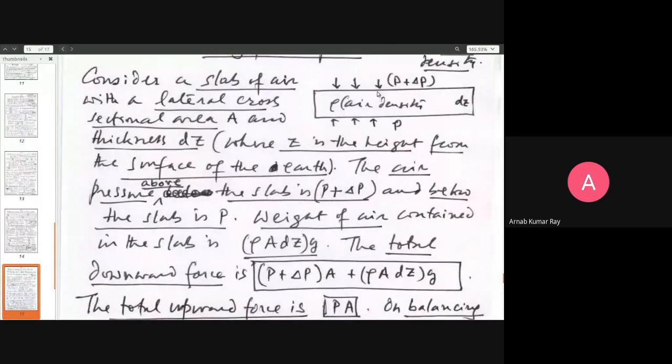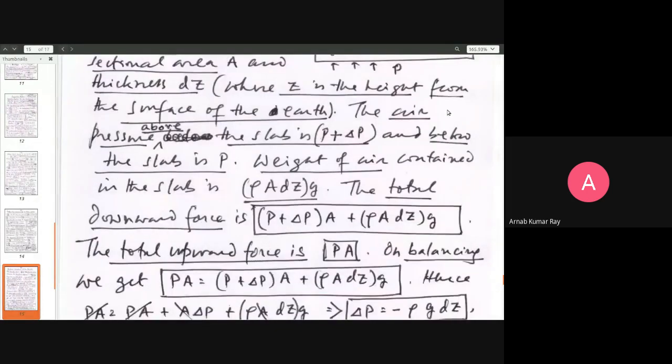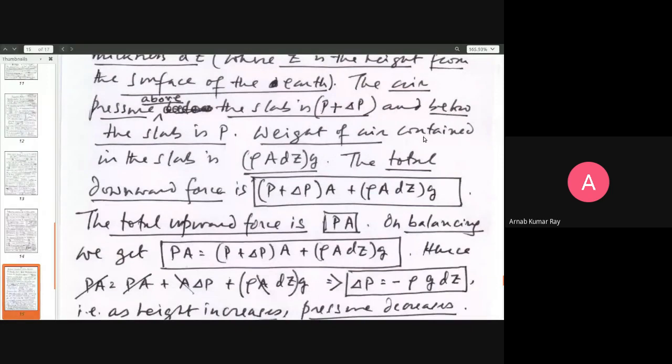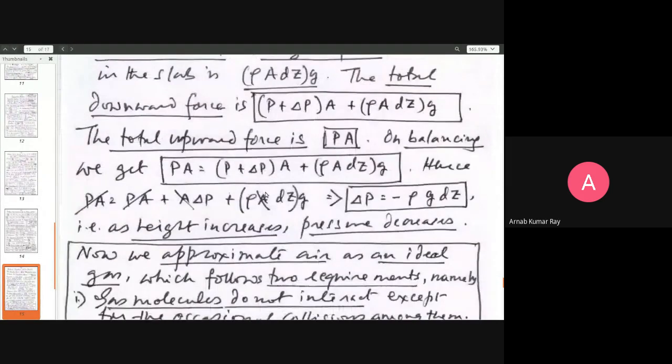So between these two downward forces and this upward force, this air box is being held in its place. The upward force PA is balanced by the downward force, which is P plus delta P into A plus rho A dz into g.